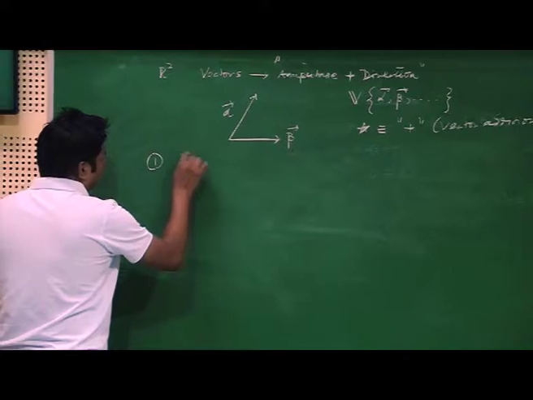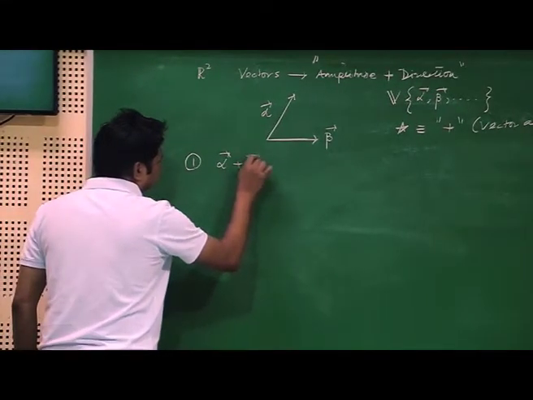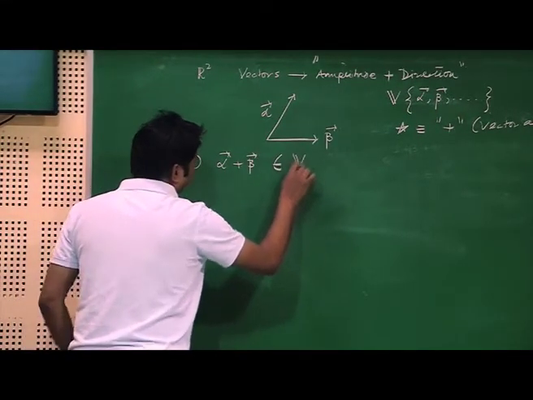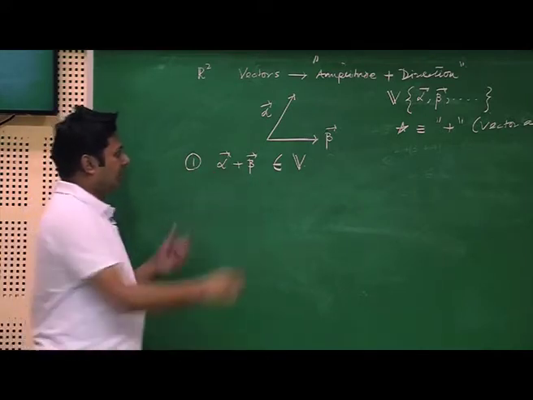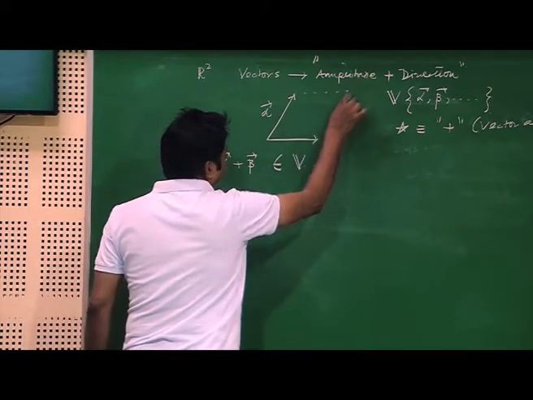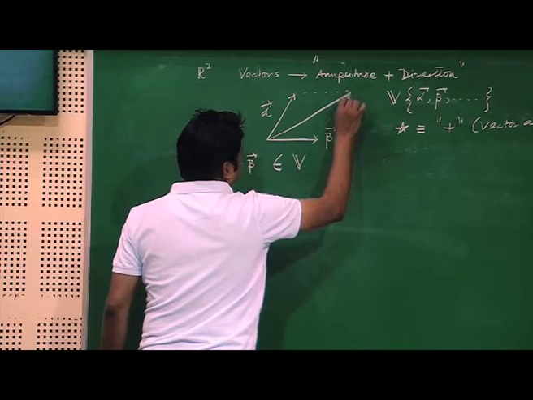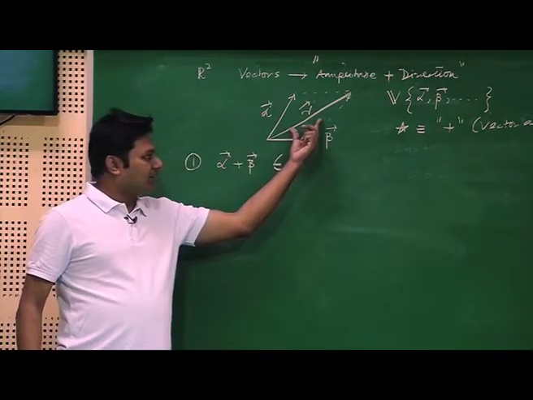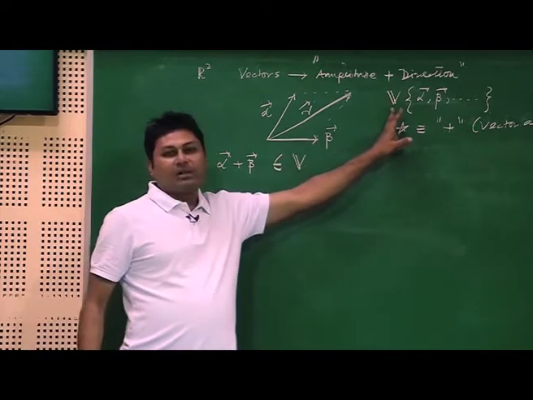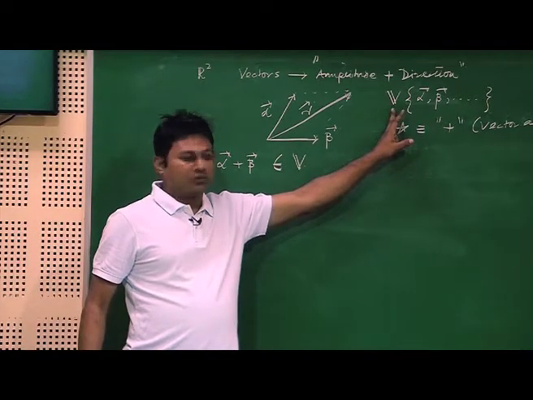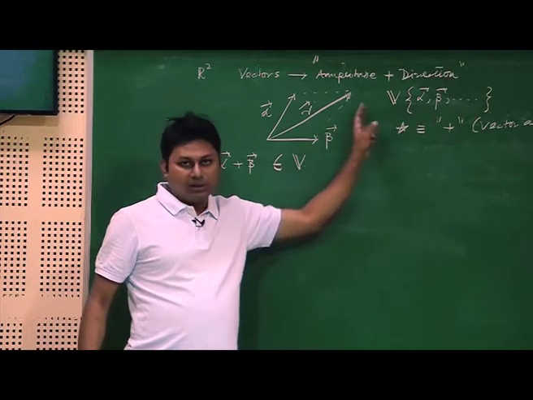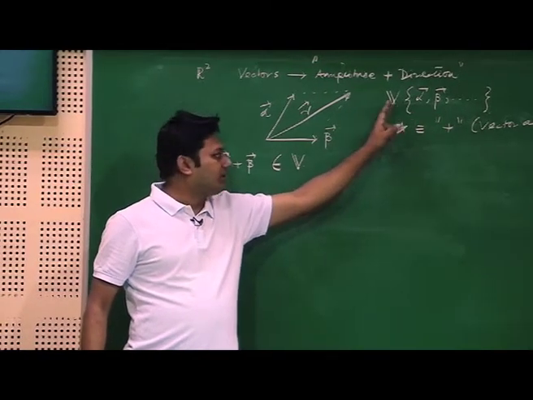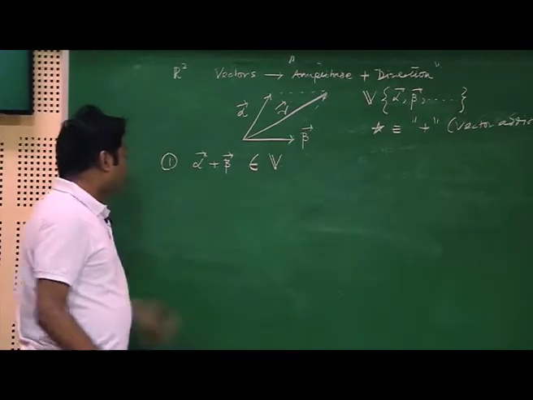Add, this belongs to V. If I add two vectors, I will have another vector, say gamma. So if I add two vectors, I will find another vector that will be inside this set. This set is all the vectors you can imagine. So the first property holds.